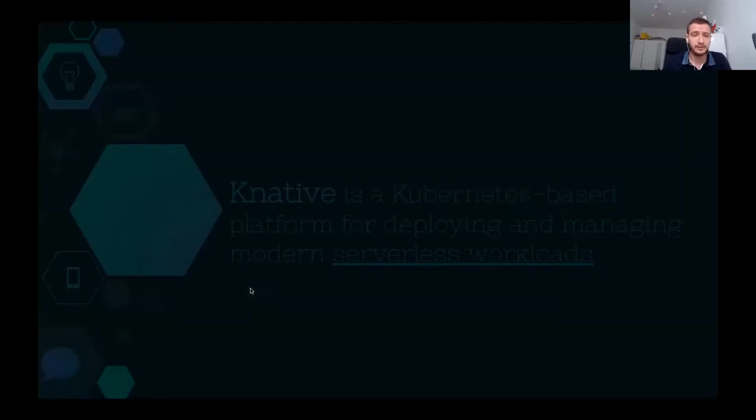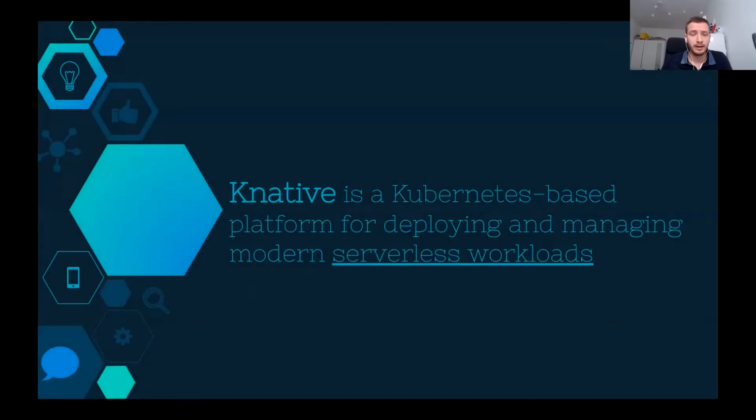Okay, so next definition, Knative. It is the last definition in this presentation, I promise. So Knative is a Kubernetes-based platform to build, deploy, and manage modern serverless workloads. And what is important for us, it's also developer-friendly software.